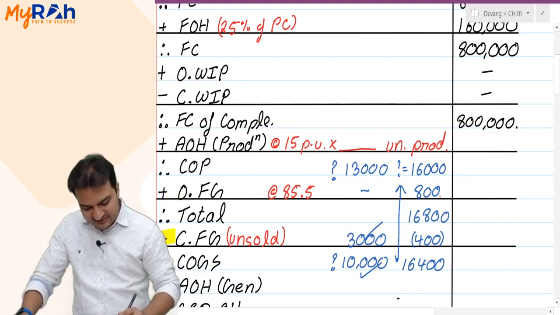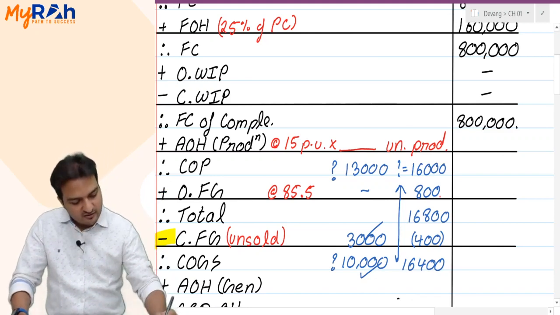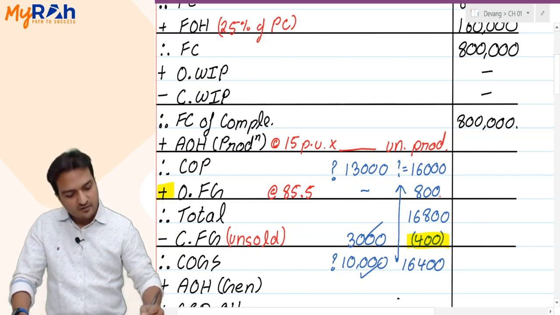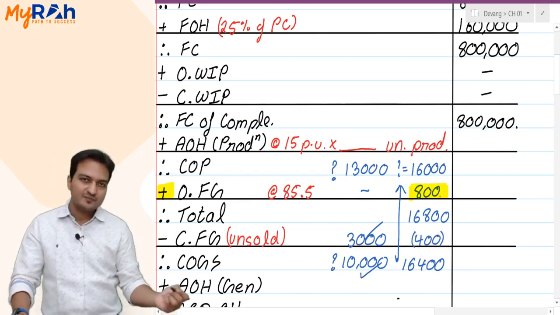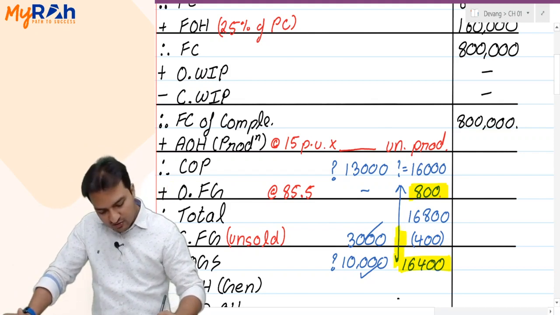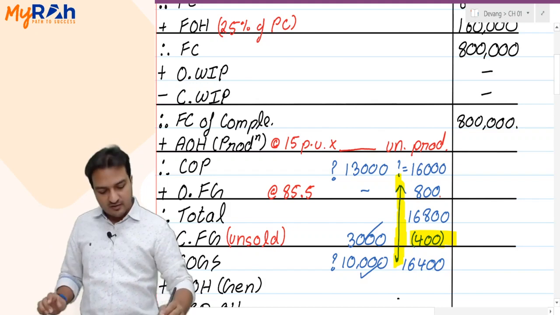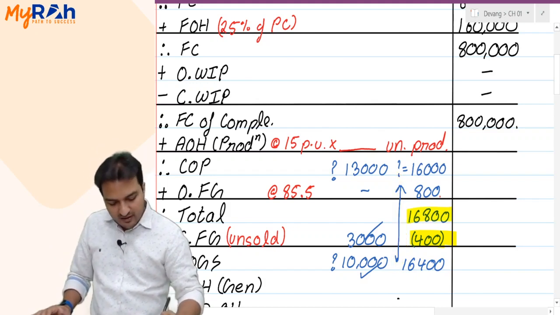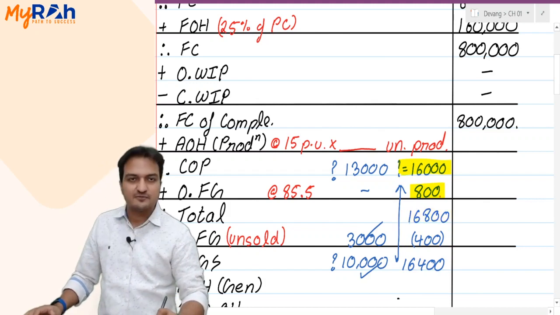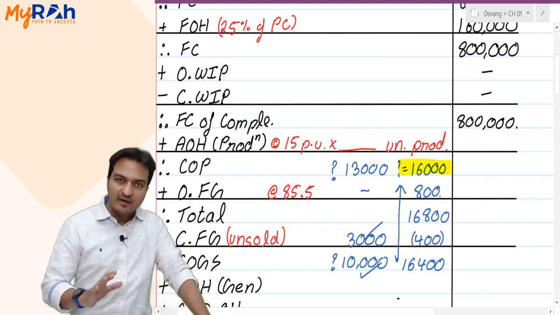Whatever was less closing FG will be added, 400, and whatever was add opening FG will be deducted. That is exactly what I did. From 16,400, if I do reverse working, then the negative value will be added. It gives me 16,800, and the positive value will be deducted. It gives me 16,000.